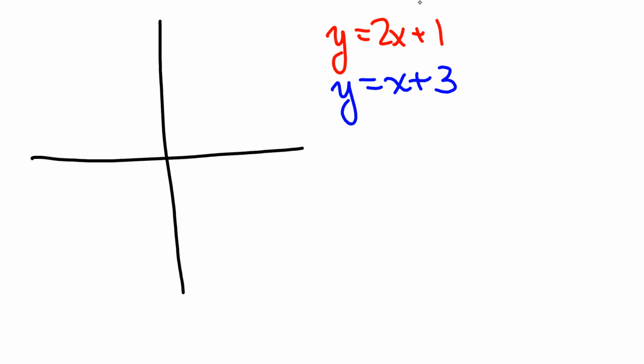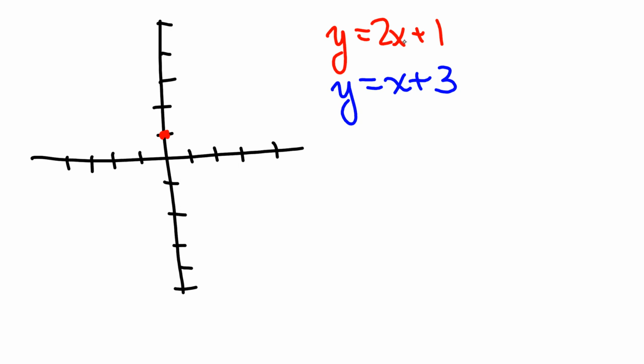So y equals 2x plus 1. Well, what does that mean? We know that this number at the end is the y-coordinate of the y-intercept. So the red line has a y-intercept of 1. And we know that this 2 in front of the x, that's a slope.